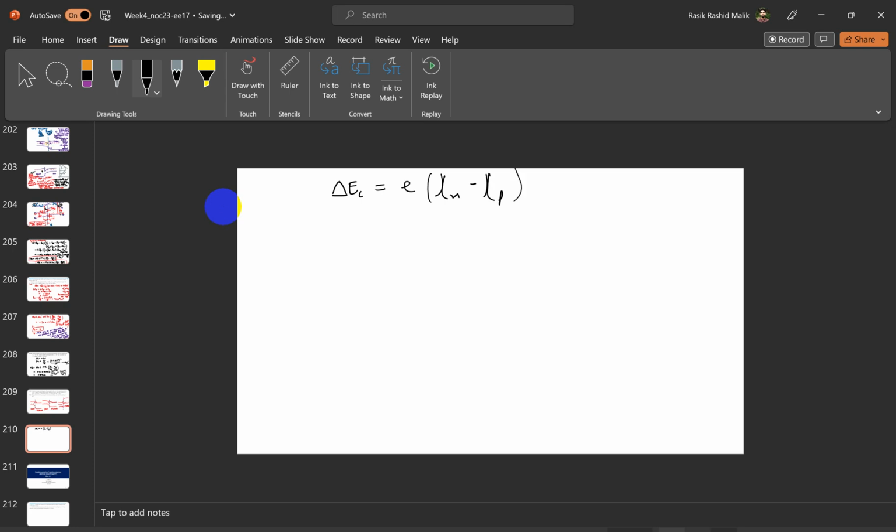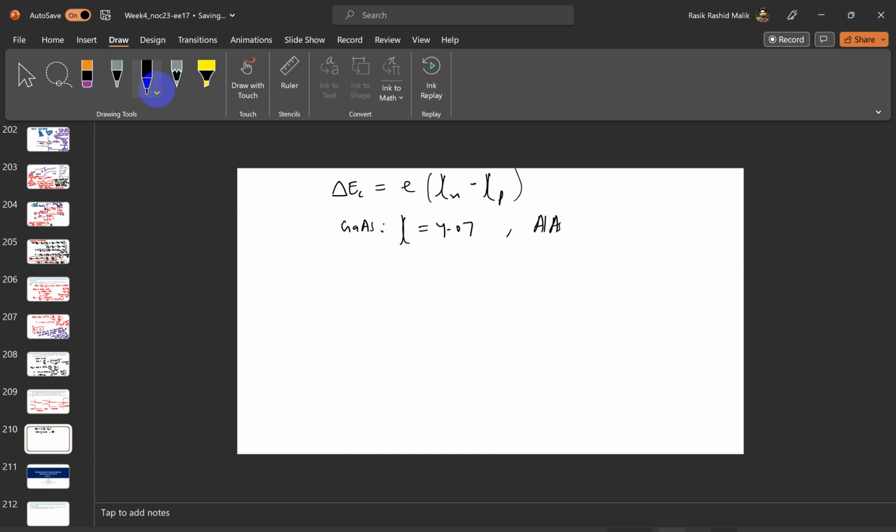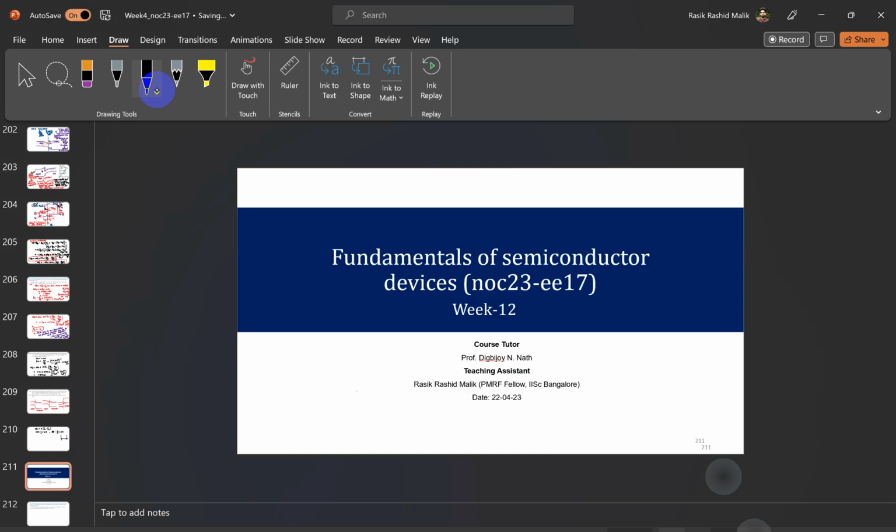For gallium arsenide chi is 4.07, and for aluminum arsenide the same value is 3.5.